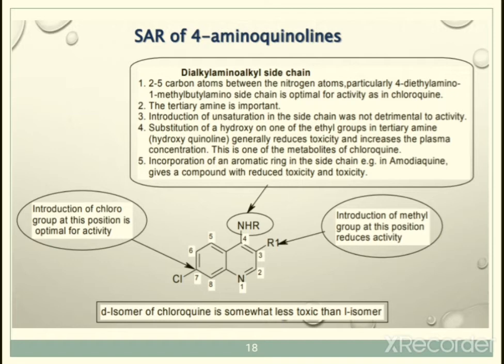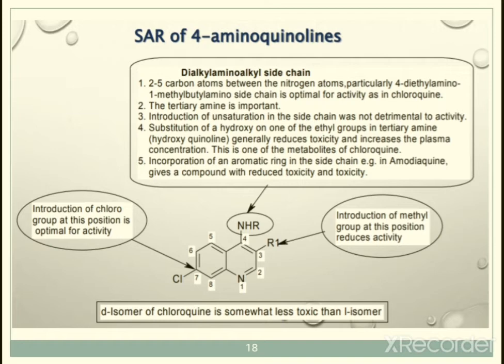At the 4th position, the dialkylaminoalkyl side chain, has these points. First, 2 to 5 carbon atoms between the nitrogen atoms are required for activity, particularly the 4-diethylamino-1-methylbutylamino side chain is optimal for activity, as in chloroquine. Then the tertiary amine is required for their activity. Then introduction of unsaturation into the side chain is not detrimental to activity.